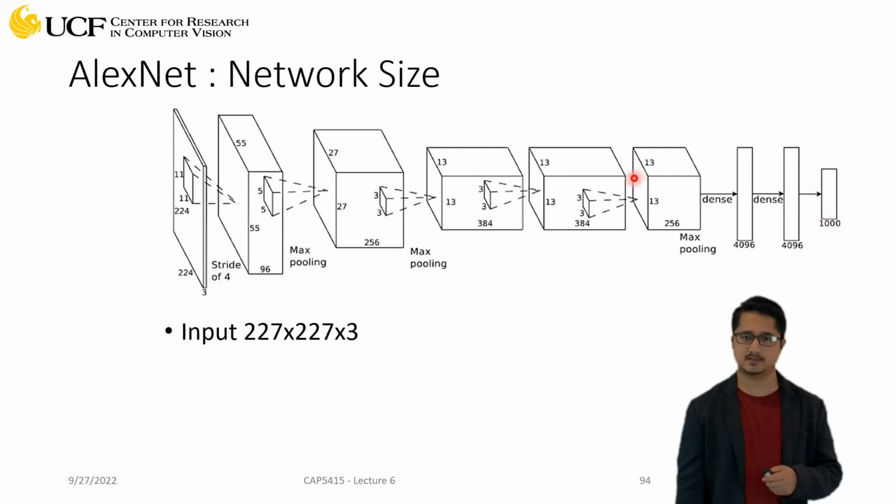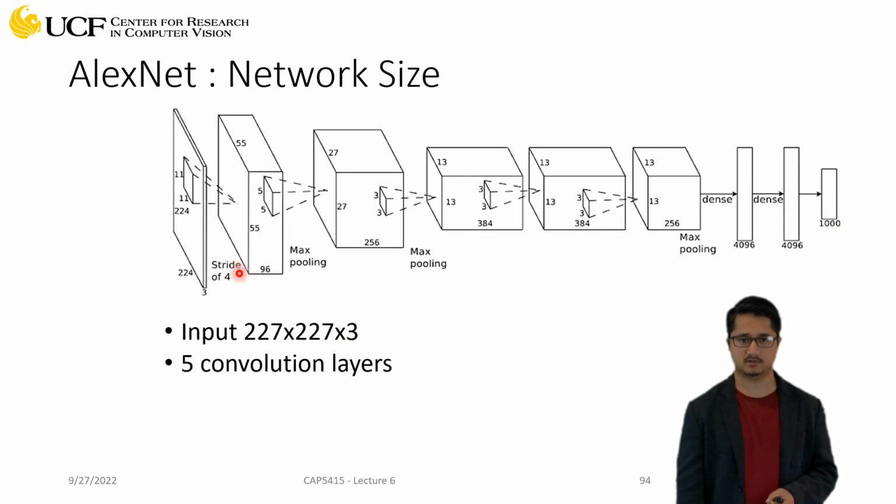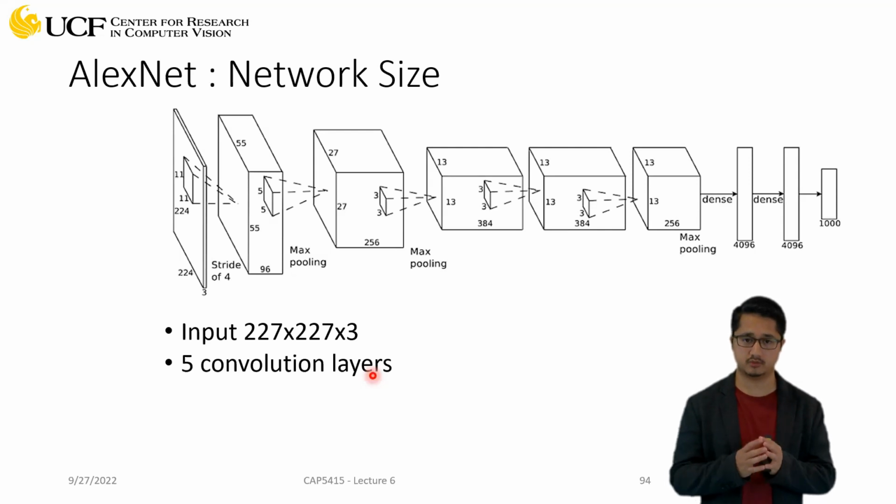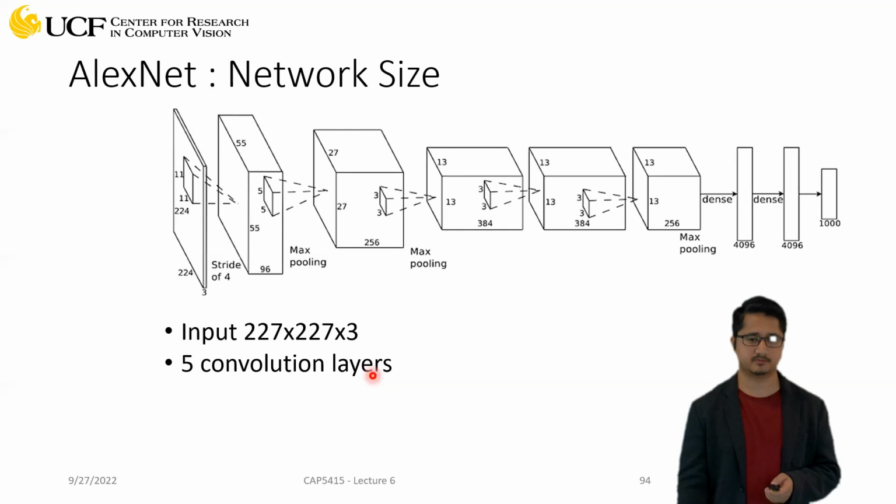Okay, so that's the overall architecture. Input, as I said, is 227 by 227 by 3. That's the input image. In total, we have 5 convolutional layers: 1, 2, 3, 4, and 5. And these volumes are the output of those convolution layers. A convolution layer is nothing but a set of kernels. So to define a convolution layer, you should know the size of a kernel and how many such kernels you want. We have 3 dense layers: 1, 2, and 3.